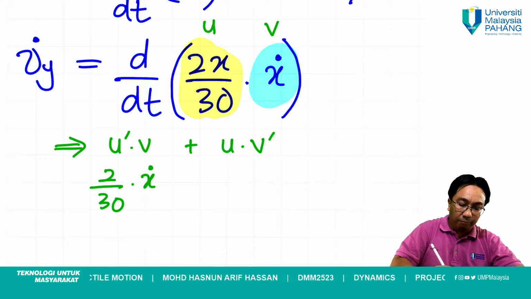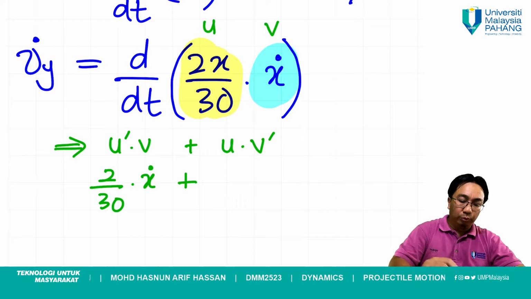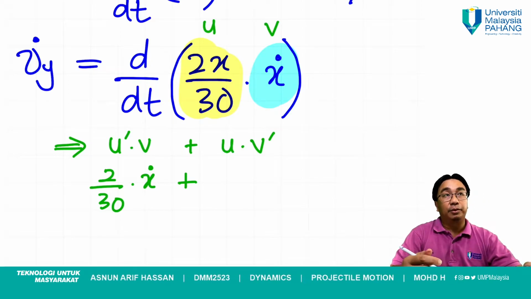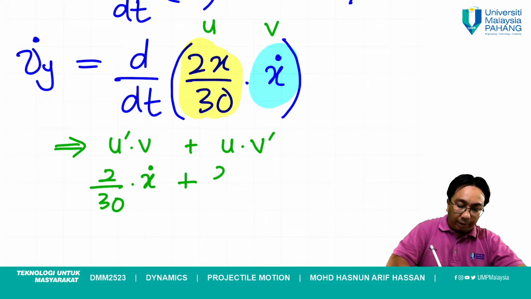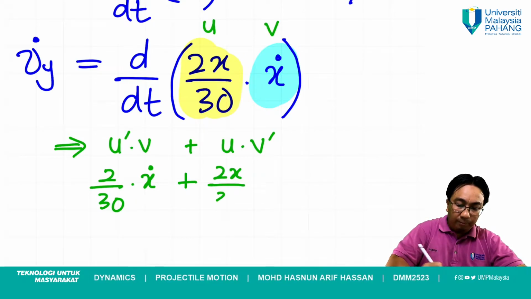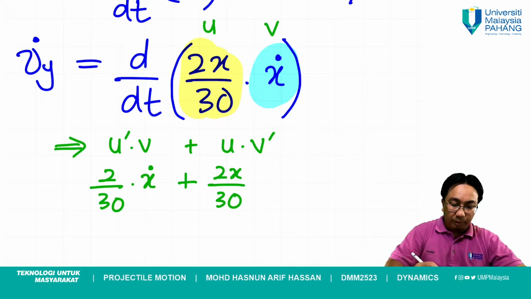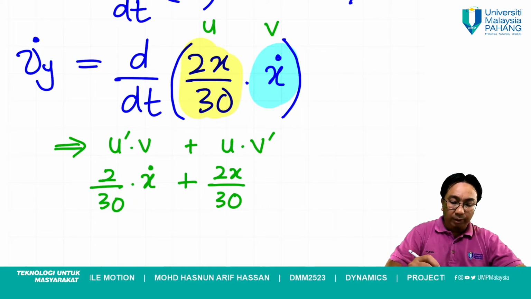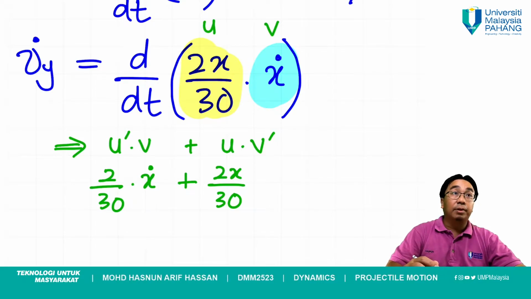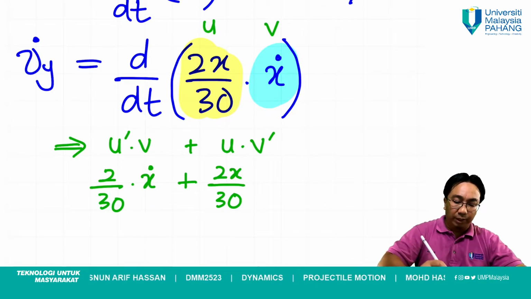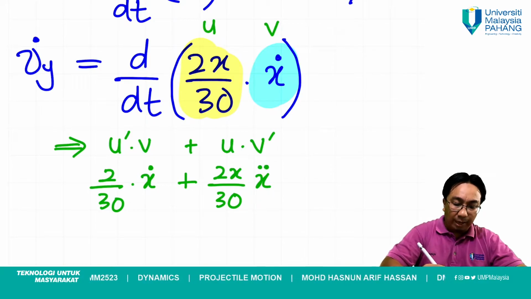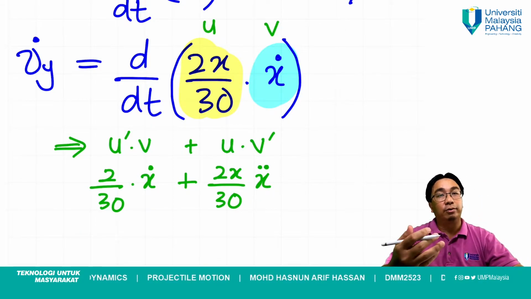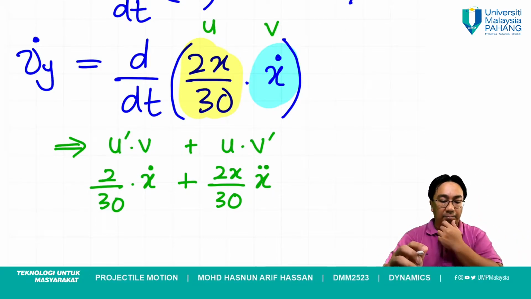And then you have plus u, the original u which is not differentiated, so you just write 2x over 30, and v prime, or the differentiation of v, you will get x double dot, because the original is x dot, so when you differentiate again it becomes x double dot.